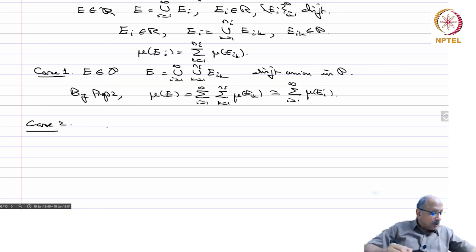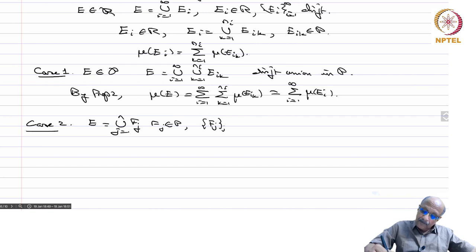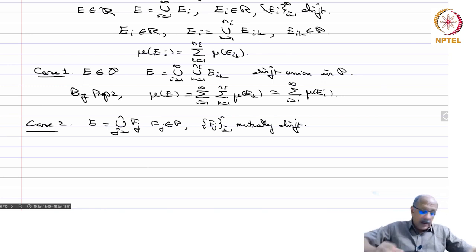Case 2, okay, so E equals the union over j equals 1 to N of Fj in P, and Fj, j equals 1 to N, mutually disjoint. Then Fj equals the union over i equals 1 to infinity of Fj intersection Ei.